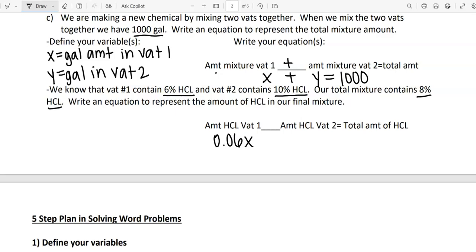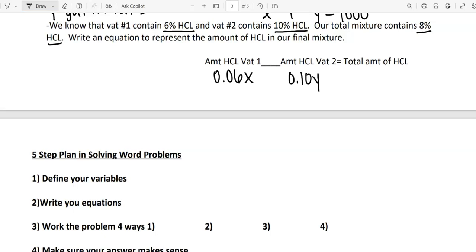Close. Vat 2 is 0.10 times Y. My total amount is how much? 1,000, but how much of that is HCl? 8%. So this is really 1,000 times 8%, yes? Or 0.08. That should be 0.08.